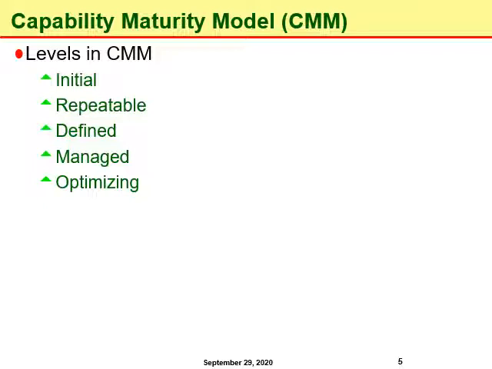At this level, an organization monitors and controls its processes through data collection and analysis. Whereas the last level is optimizing. At this level, the processes are constantly being improved through monitoring feedback from current processes, and introducing innovative processes to better serve the organization's particular needs.